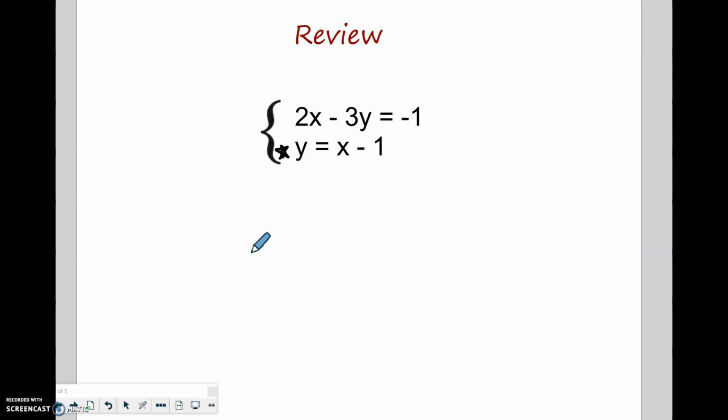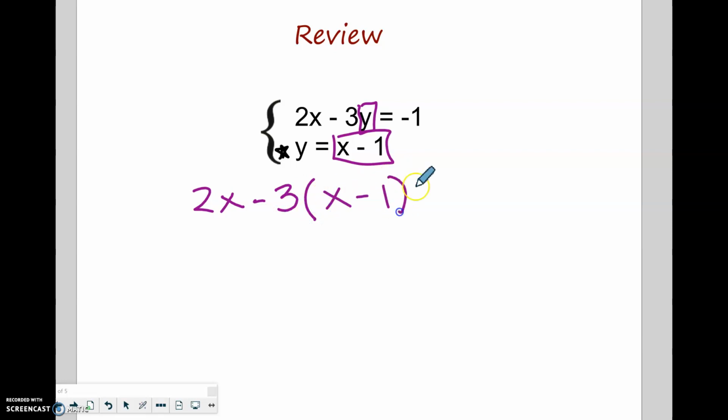So we talked about how if we have one of the equations in that form, what I can do is take this y out and replace it with the x minus 1. So I'm going to rewrite it so that the 3 is being replaced with x minus 1. And remember, the reason why we're doing this is so that we only have one variable.